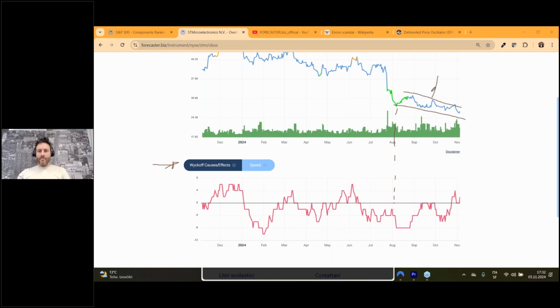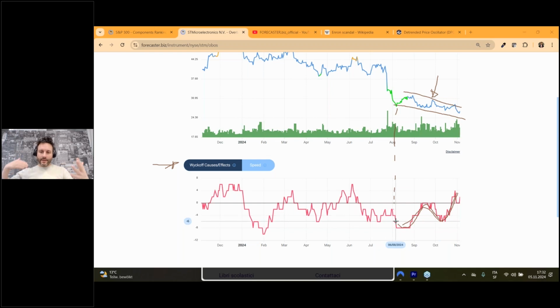We have a bearish trend here, but at the same time, the Wyckoff indicator started to rise. What the Wyckoff indicator tells us is something very simple. The number of buyers is increasing. Okay?